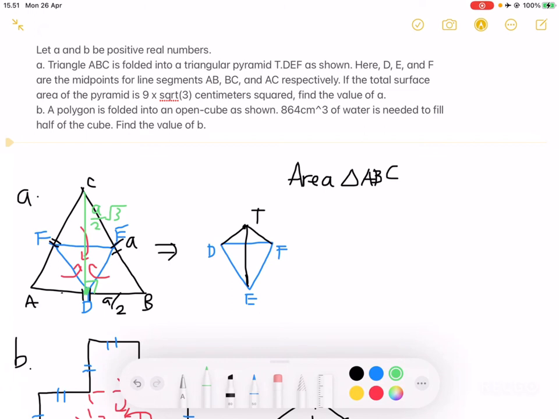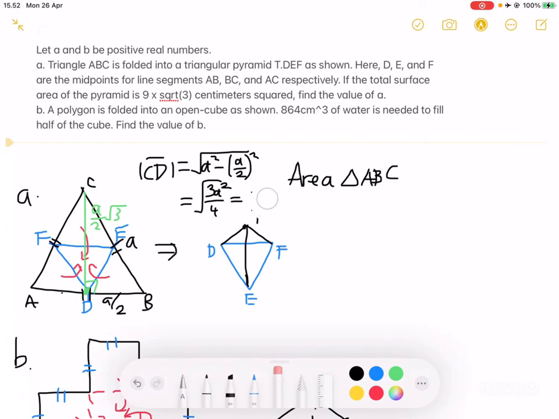And perhaps I'll just show the work. So that means length CD is equal to the square root of a squared, the hypotenuse, minus (a/2) squared. That will be 3a²/4, which will be (a/2)√3.